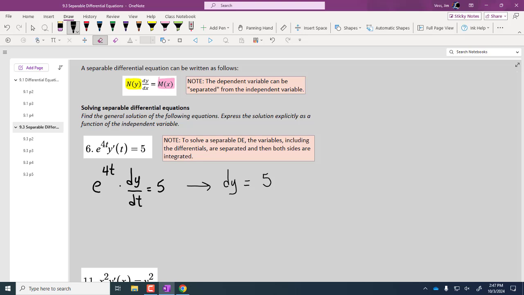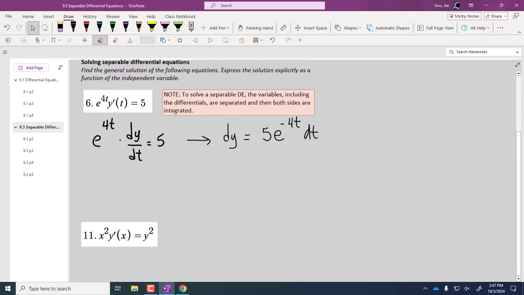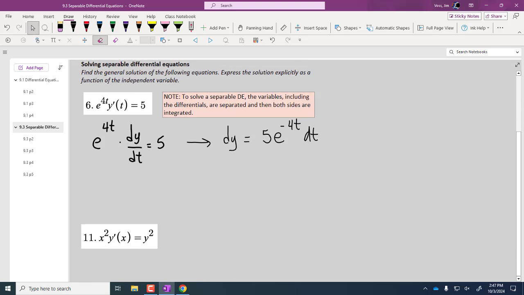The e to the 4t needs to go with the dt so that we can integrate. So I'm going to move the exponential to the right and move the dt to the right. Now y is on the left and anything with a t is on the right. At this stage, we've separated so that anything with the y is left, anything with the t is right. And now we do the integral of both sides.